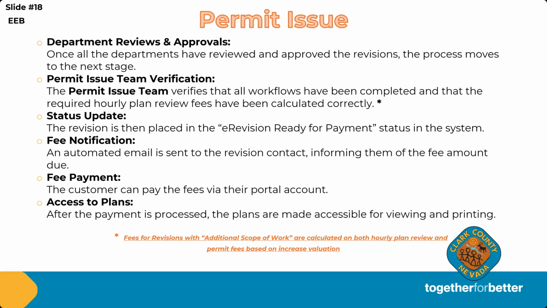Sometimes whoever originally submitted the revision might give access to somebody else because they can do that as well through their portal. Yes, thank you. And on revisions, you don't have to be the licensed contractor. That's just for permits that we issue. Correct. Thank you, Em. You're welcome.